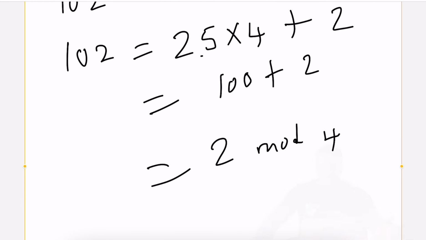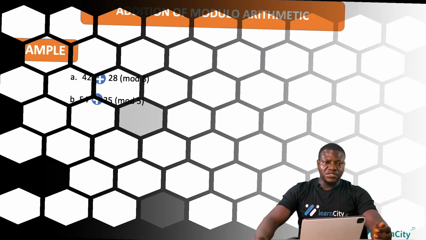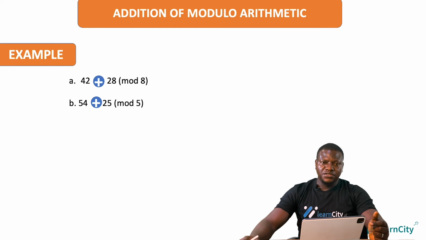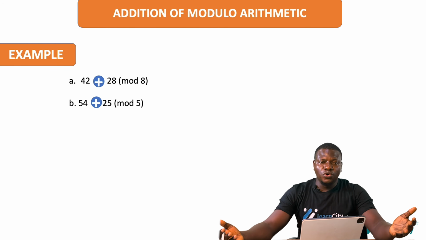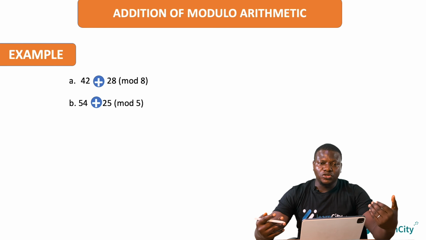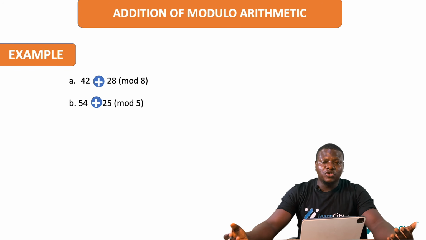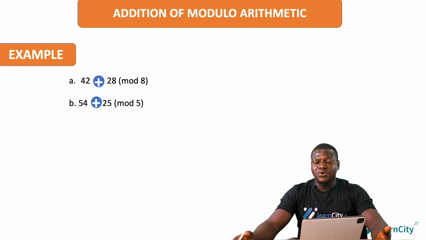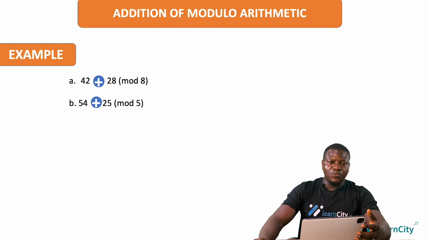Now let us take simplification with addition in modular arithmetic. We can add numbers together in a modulo, we can also subtract, divide and multiply in any modulo we are operating in.